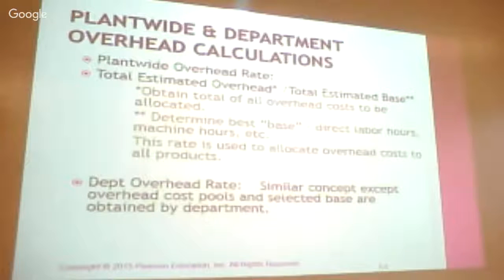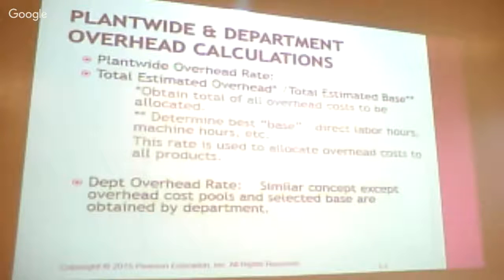That's a manager's role to determine how am I going to allocate it. What is the best driver of my cost? Is it machine hours? Is it labor hours? Is it square footage? Things like that. So that's how we get the total estimated base. The rate is used to allocate overhead costs to all products. So how do you know what your total estimated base is?